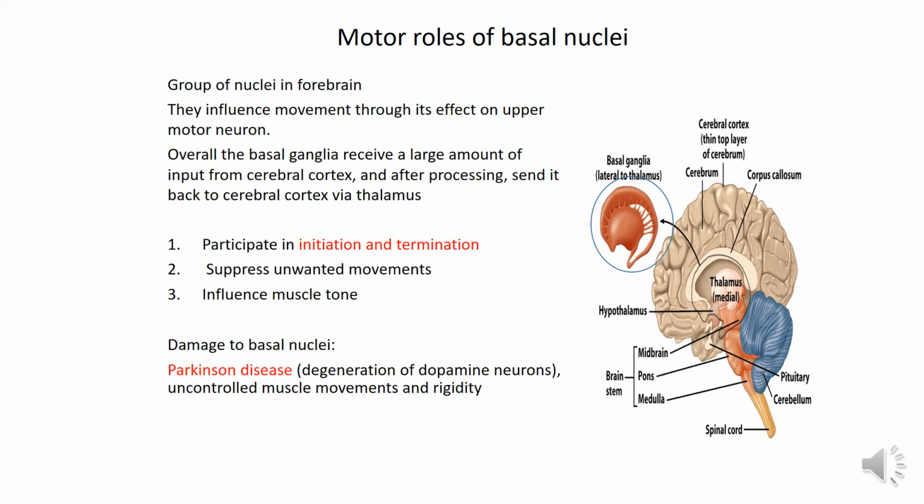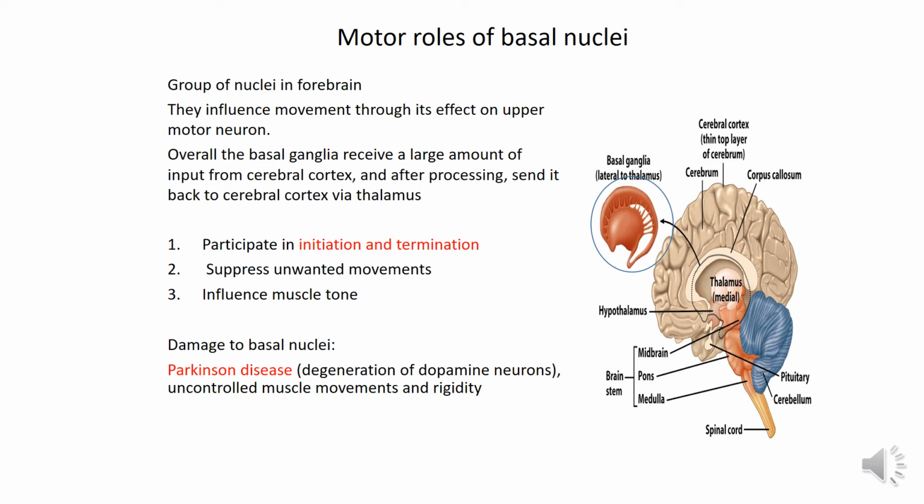The most common degenerative disease affecting the basal ganglia is known as Parkinson's disease. Parkinson's is caused by degeneration of the dopaminergic neurons, the neurons that release dopamine. The decrease in the level of dopamine produces Parkinson's disease.